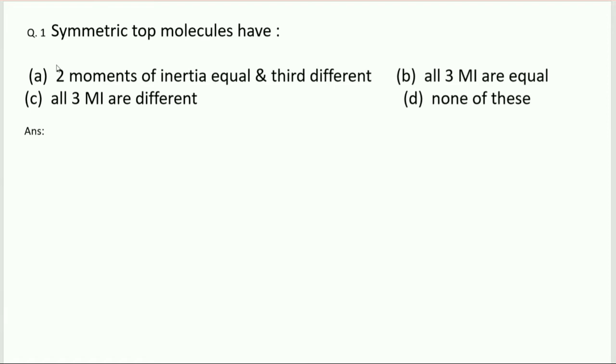Moment of inertia is denoted as I. So IA, IB and IC are the three moments of inertia of a molecule. For symmetric top molecules, IB equals IC, which is not equal to IA. So IB and IC are equal, which is different from IA, that is a symmetric top molecule.